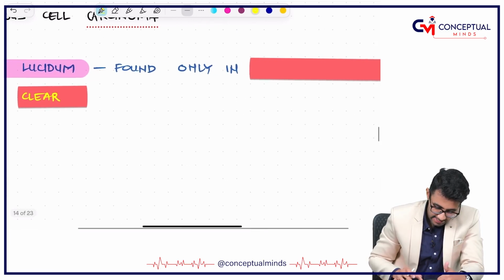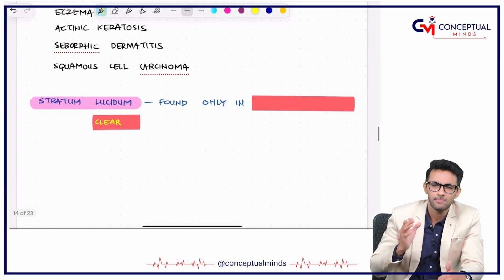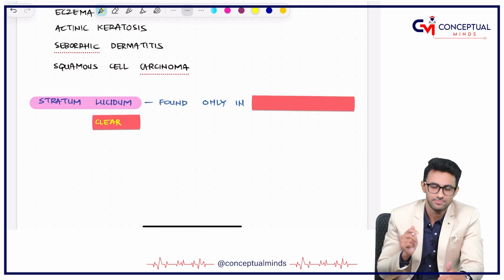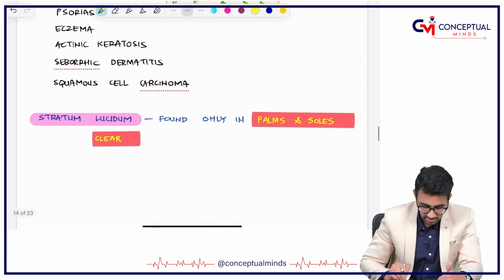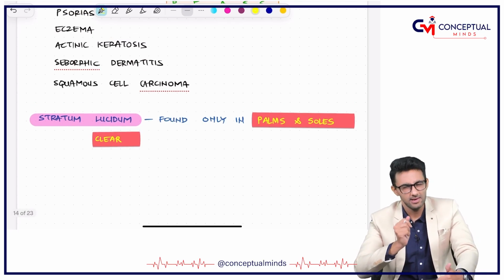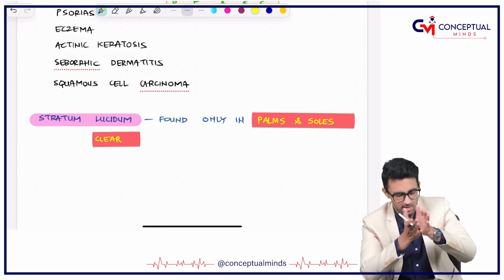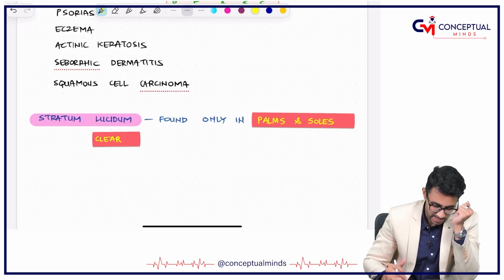This layer is found only in the palms and soles. Palms and soles, it's obviously quite clear, right? Okay, that is the finding of stratum lucidum.